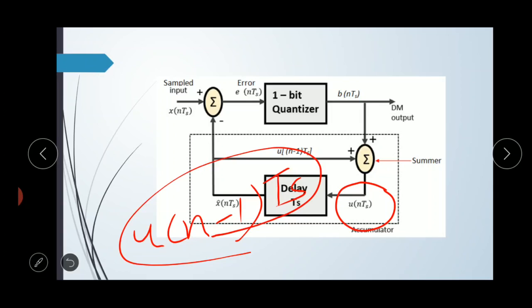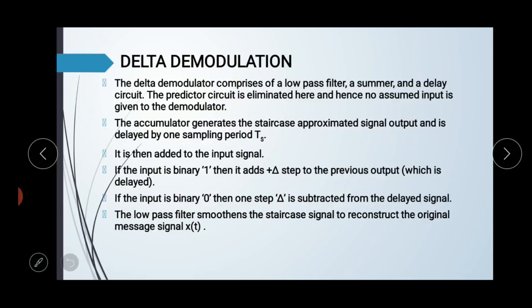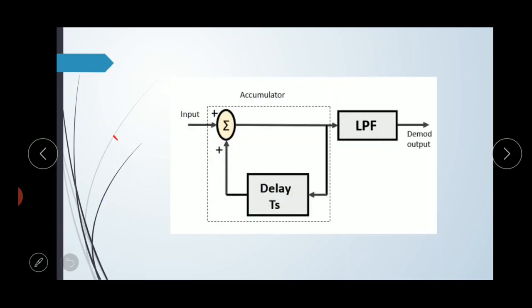Okay, next is the delta demodulation. This one is the block diagram. So at the receiver end, the accumulator and low pass filter are used. The accumulator generates the staircase approximated signal output and is delayed by one sample period.